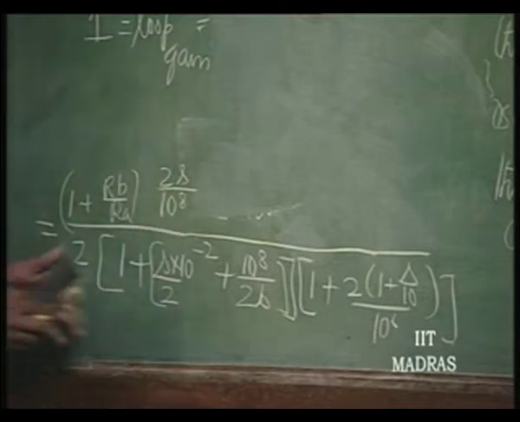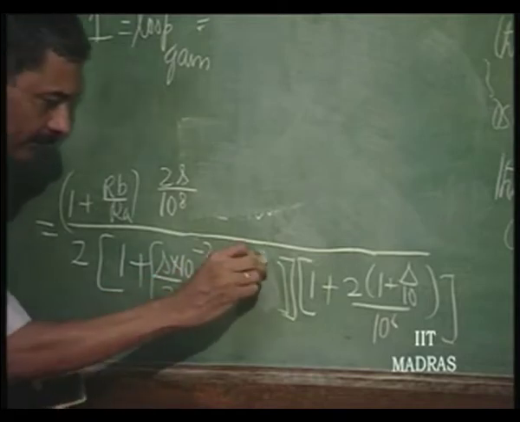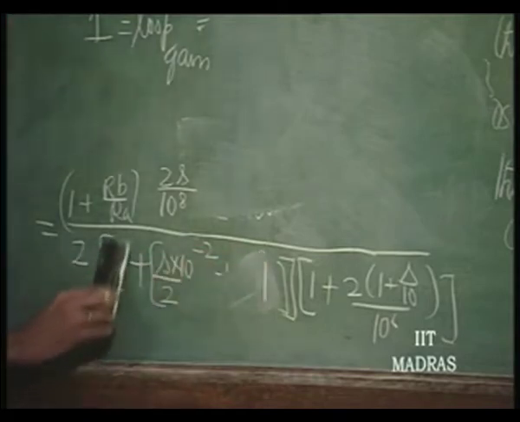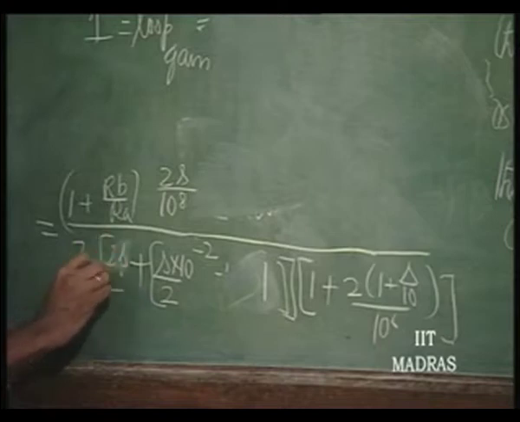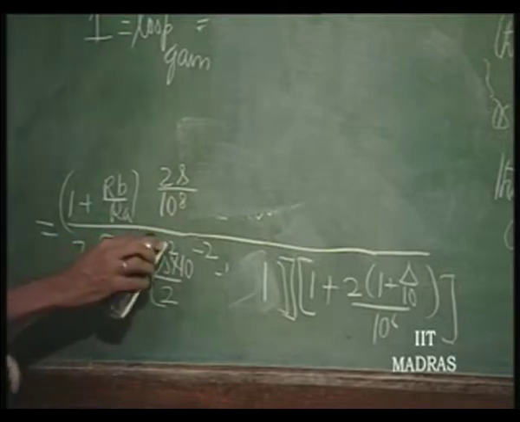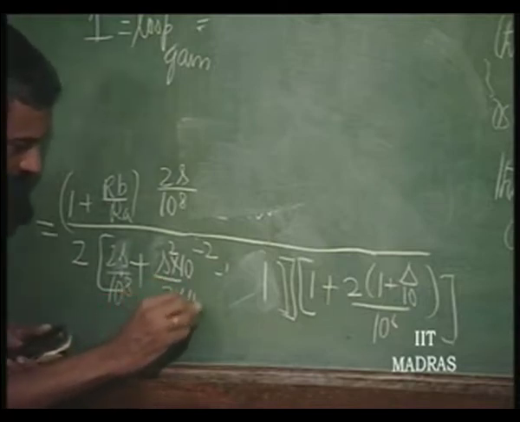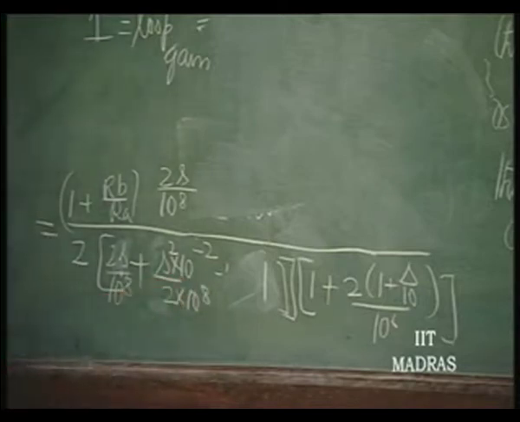So, that means, this factor becomes equal to 1. This factor becomes equal to 2s by 10 to the power 8. And this 2s means s squared by 10 to the power 8.